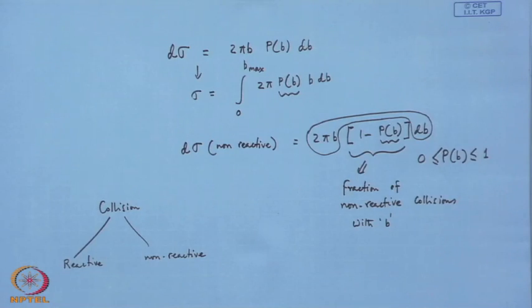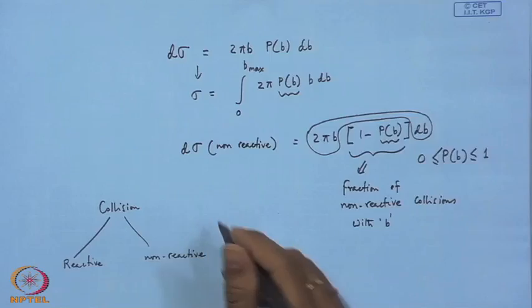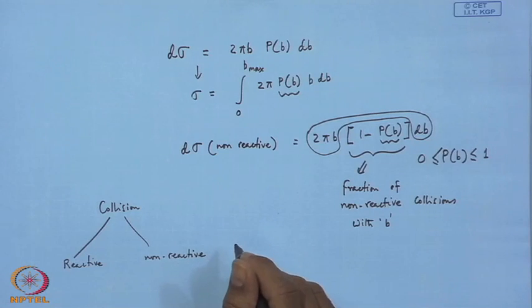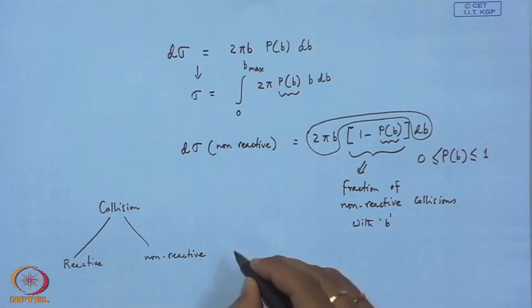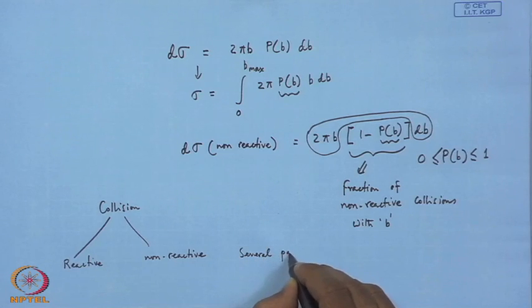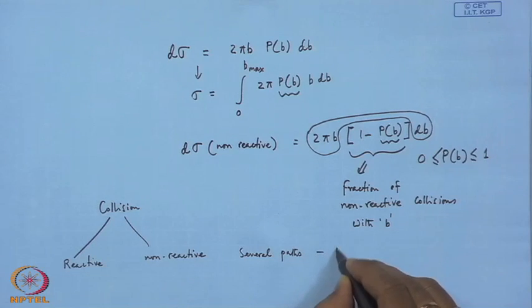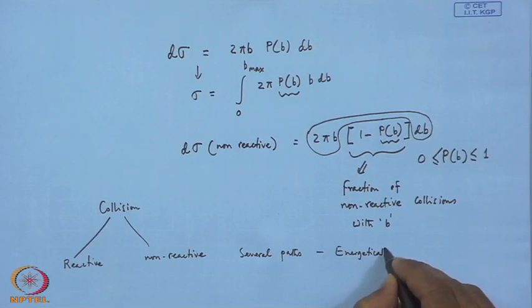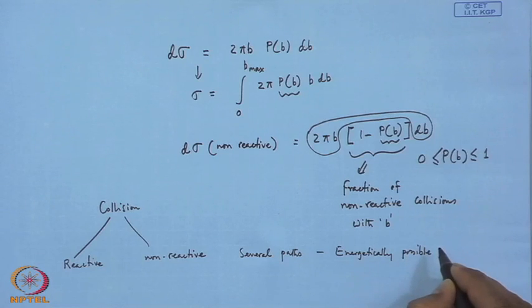That means if the reaction has several paths which are energetically possible, of course, if energy does not permit, then it will not happen, then out of many paths, suppose the cross section of one path is increased.